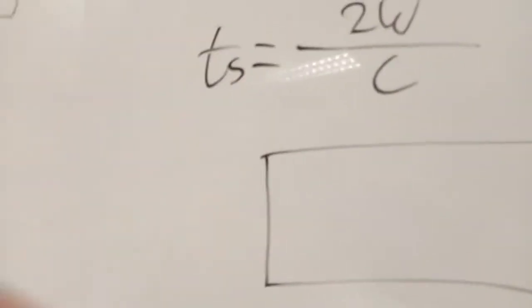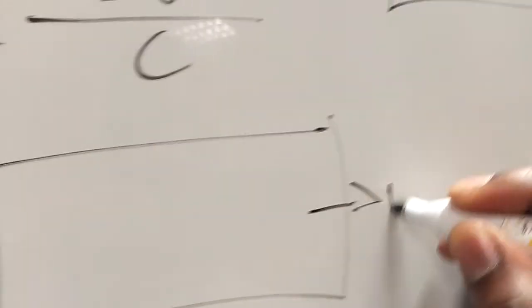Let's draw it again. We know that the system is moving at a velocity v to the right.